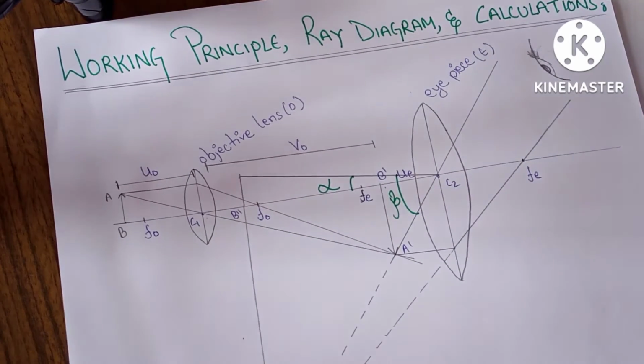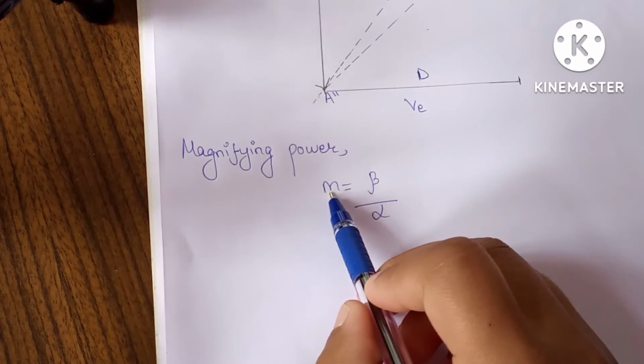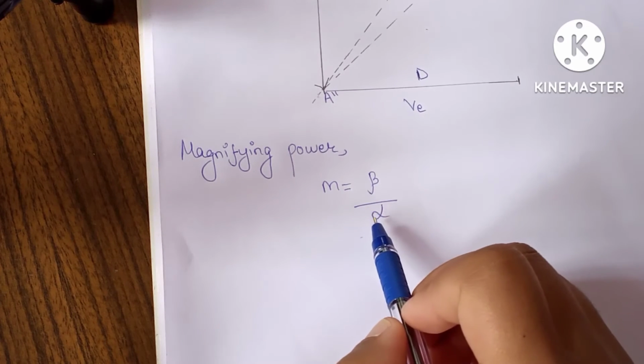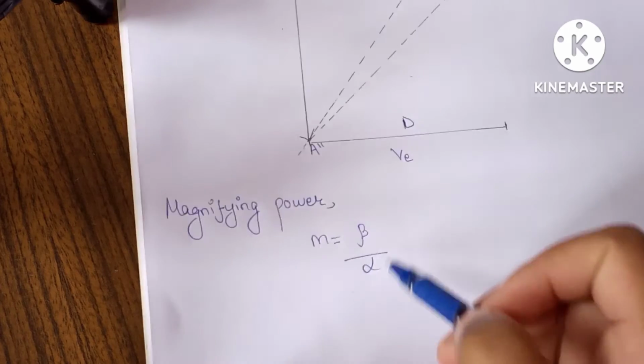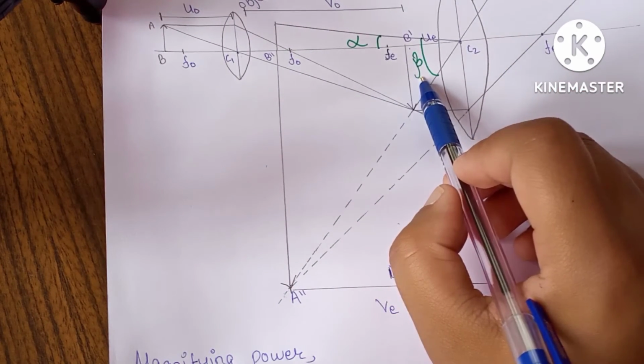Now let us calculate the magnifying power of the compound microscope. Now let us calculate magnification. I have already told you that it is the angle subtended by the image to the angle subtended by the object, and this is the angle subtended by the object, alpha, and this is the angle subtended by the image, beta.